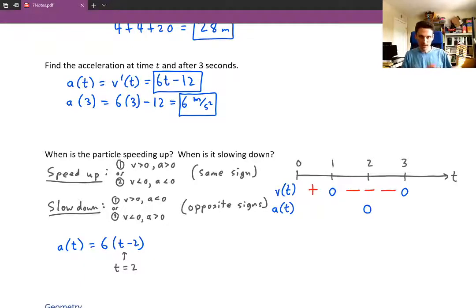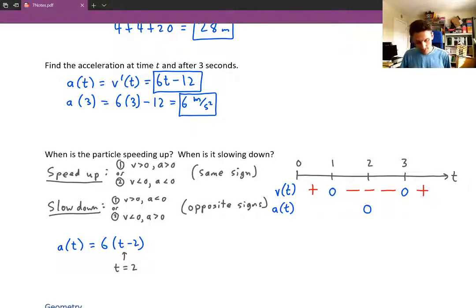I'm going to write a negative in each of those places, just to be consistent with some future packets. And then after t equals 3, velocity was positive. So again, we're just copying down what we had gotten in a previous part.